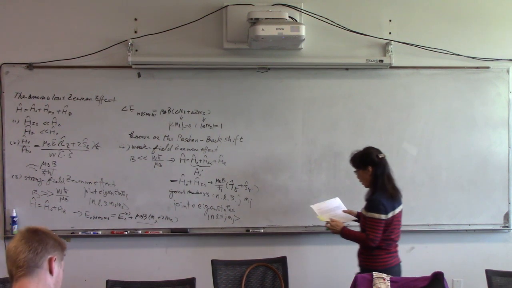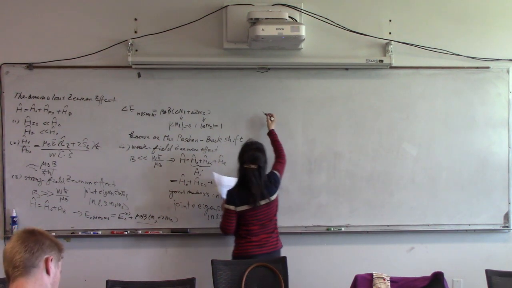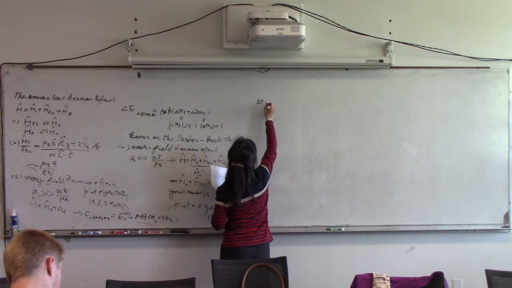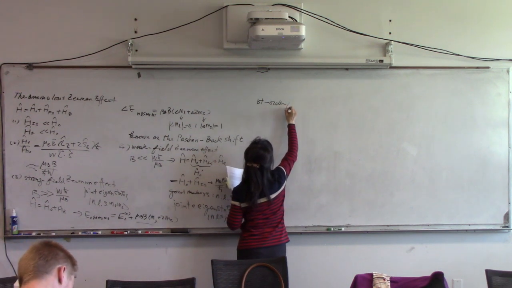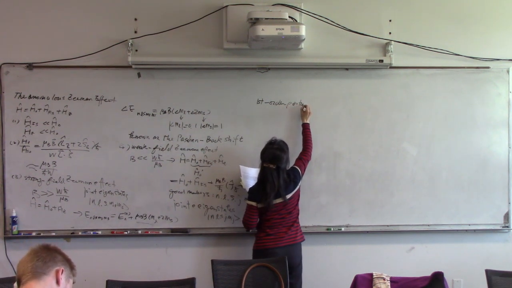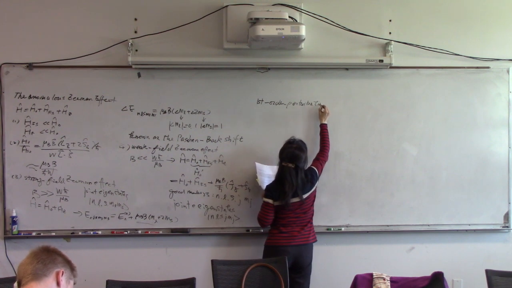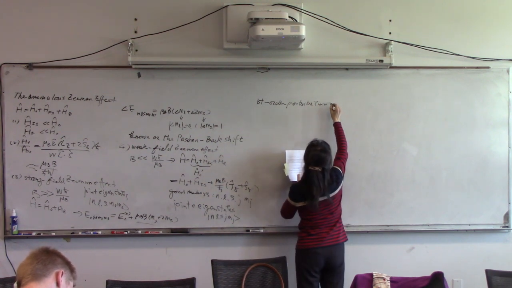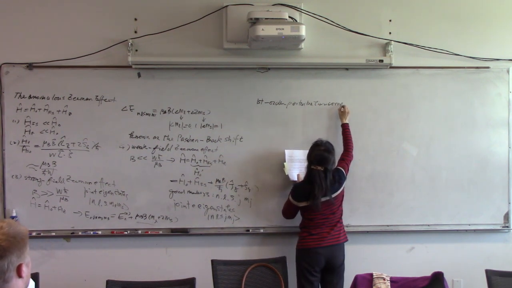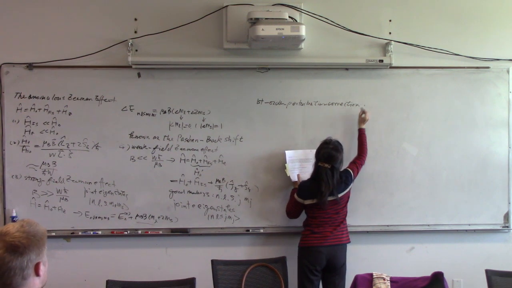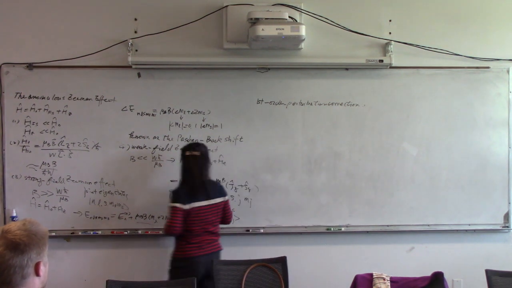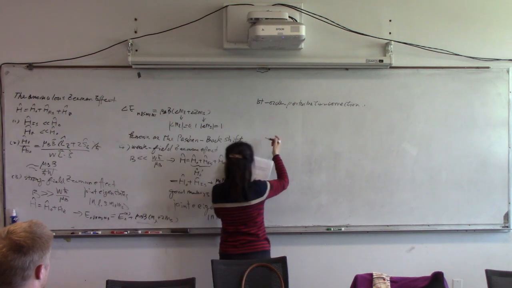Okay, so now what we need to do is consider just up to the first order perturbation energy correction. Let me first write down and then I'm going to explain.